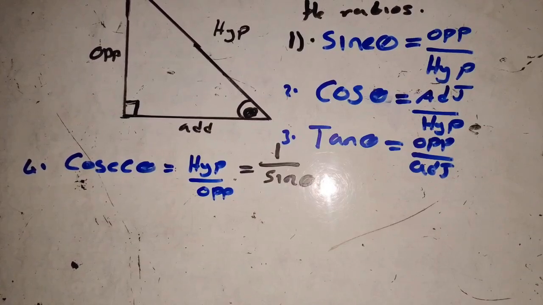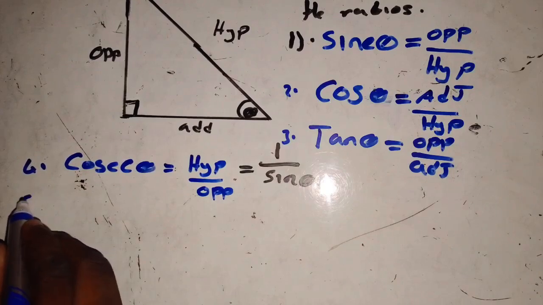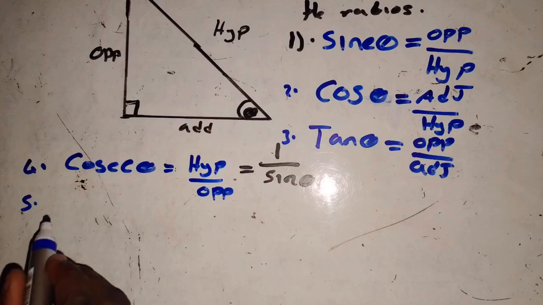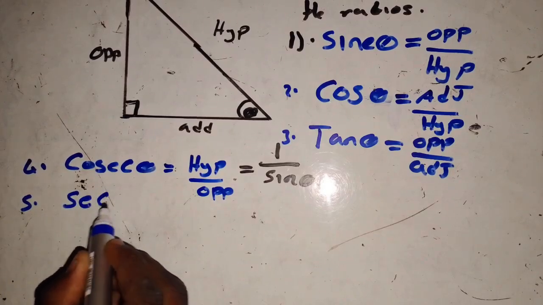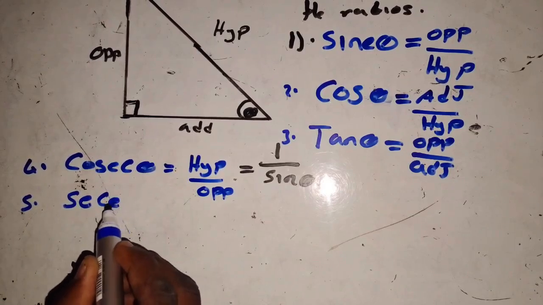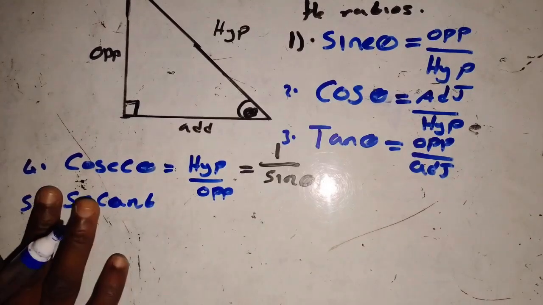And our number 5 is secant, or sec. We abbreviate it as sec. So it's secant, but you can abbreviate it as sec.